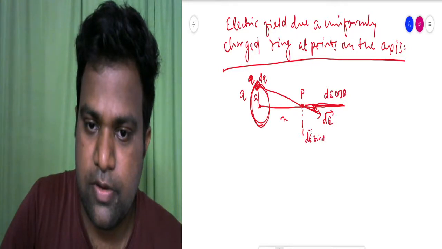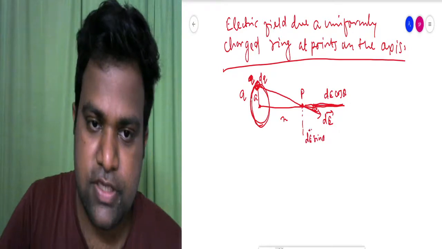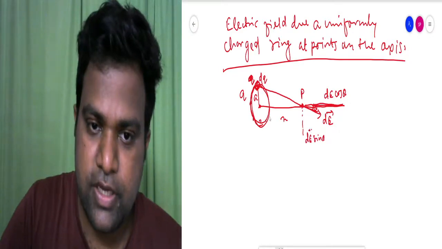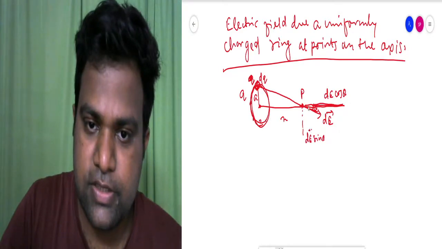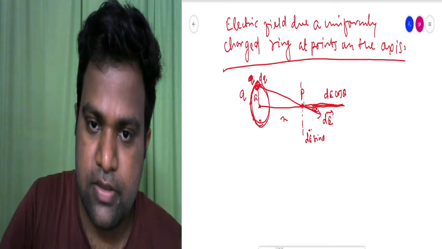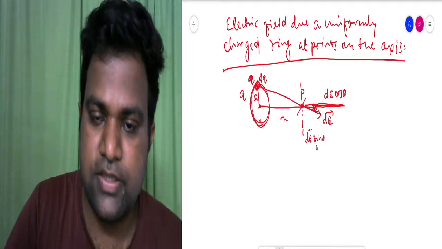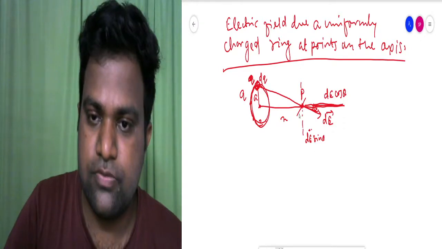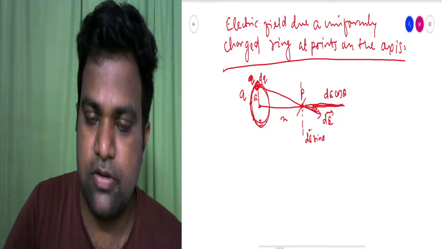Now as it is a ring, if we take all the elements, there will be the same field in all opposite directions. So dE sin theta will cancel out because it's a ring, so for every element it will have an opposite vector also.